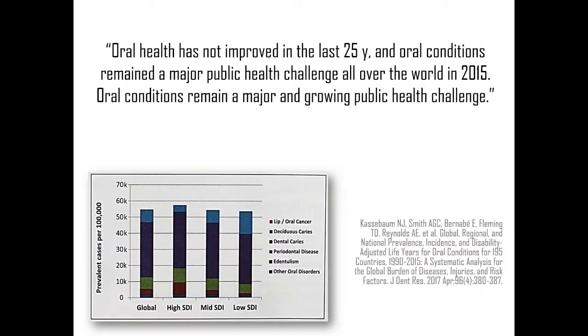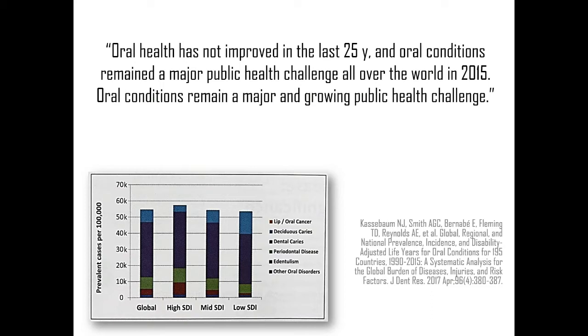It's very interesting. I wanted to share this with you first, because one of the things we continue to work on as a profession is that oral health issues and oral conditions remain the number one public health challenge of the 292 diseases that the World Health Organization tracks. Dental caries is number one, in spite of all the things we've done in our profession globally.